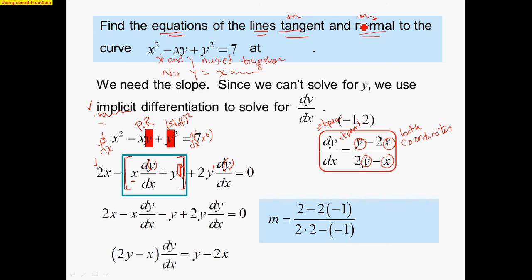So I plug in 2 for the y coordinate minus 2 times the x coordinate, 2 times the y coordinate minus the x coordinate. So the slope of the curve at negative 2, 1 is 4/5.